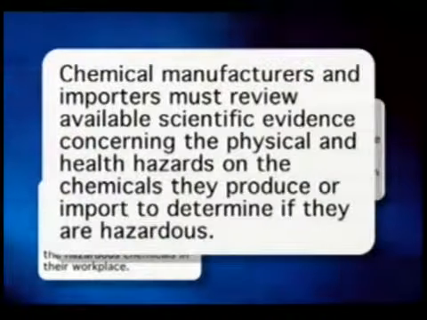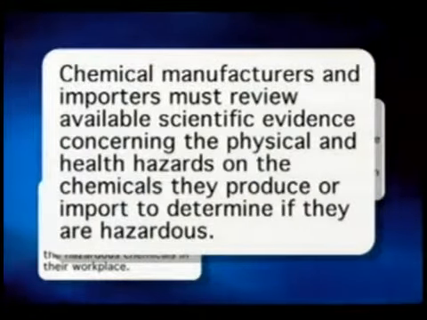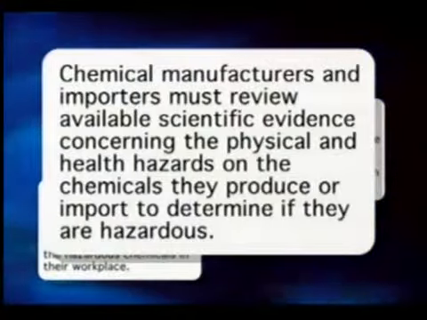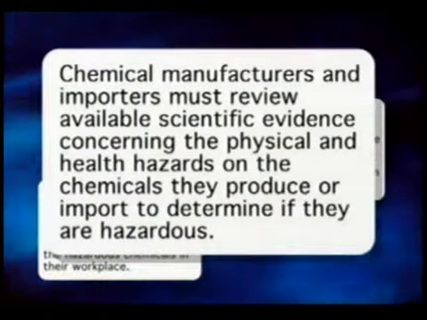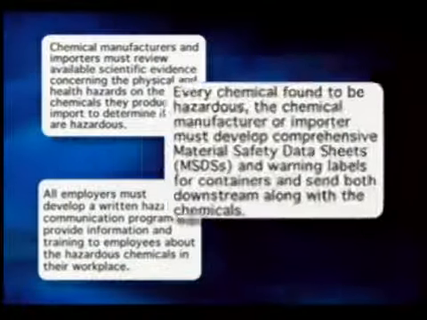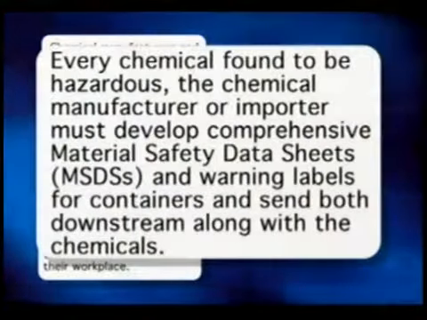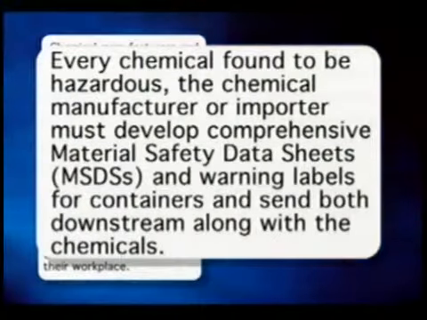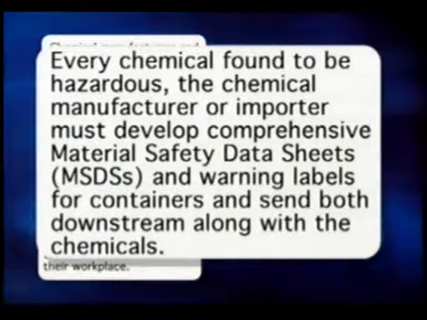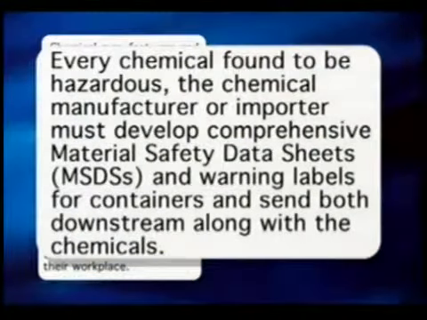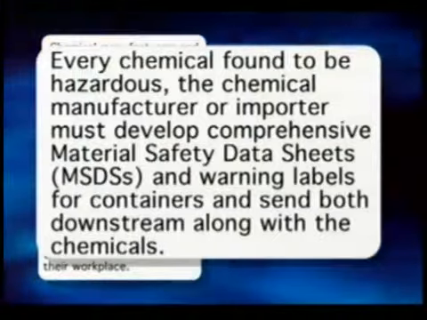First, chemical manufacturers and importers must review available scientific evidence concerning the physical and health hazards of the chemicals they produce or import to determine if they're hazardous. Second, for every chemical found to be hazardous, the chemical manufacturer or importer must develop comprehensive material safety data sheets, MSDSs, and warning labels for containers and send both downstream along with the chemicals.